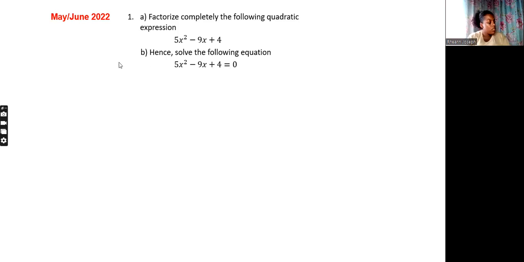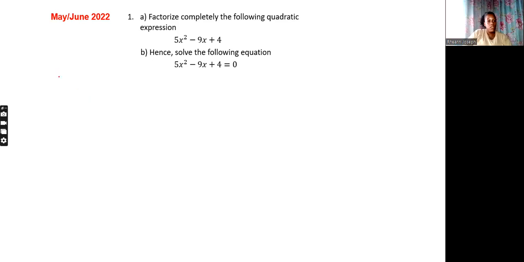Now, according to the rules that I gave you in the previous video, this question is already in the form ax squared plus bx plus c, right? So all we need to know is step one.